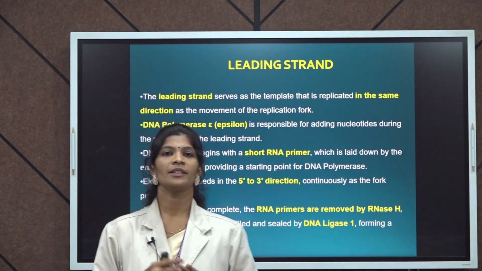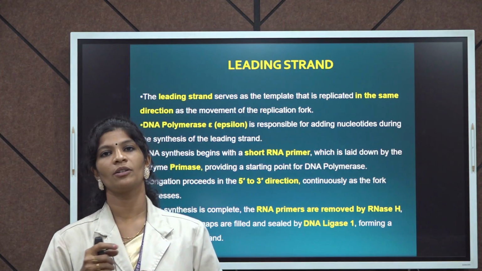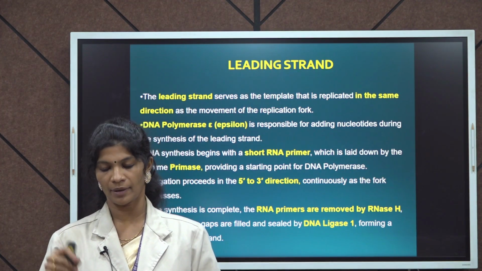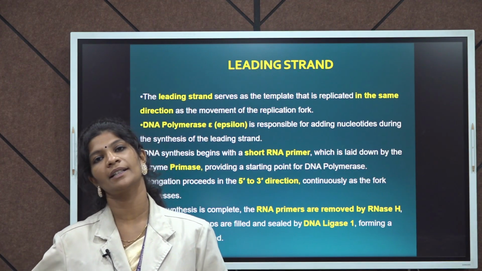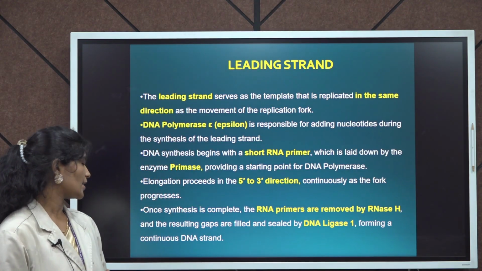Primase will be helpful in the addition of the primer, which will be followed by the nucleotides being added to the growing strand. And elongation proceeds in the 5' to 3' direction.